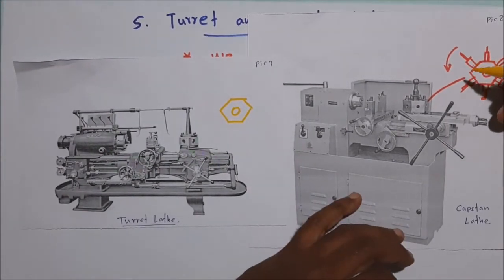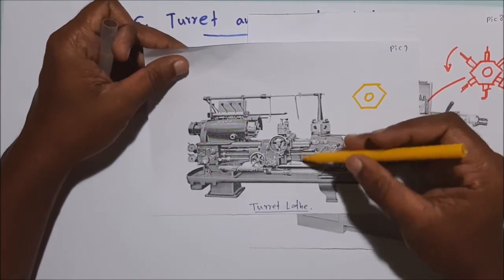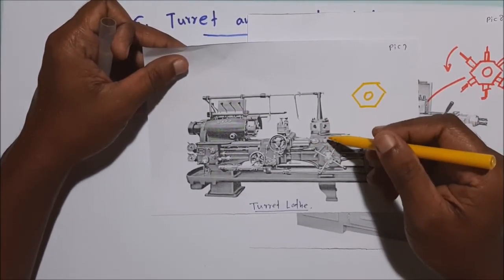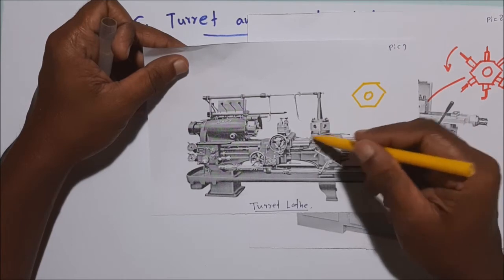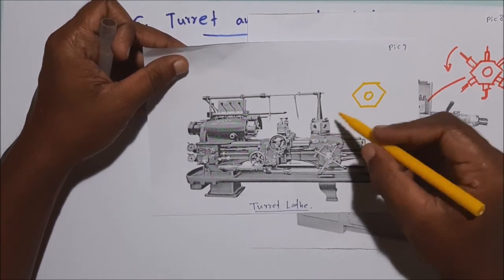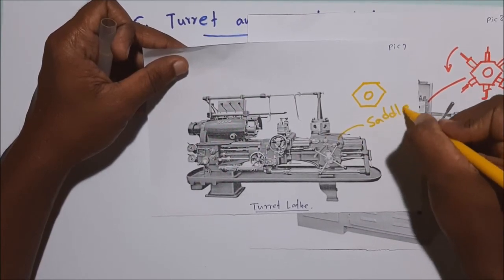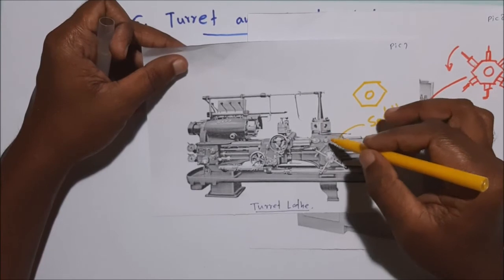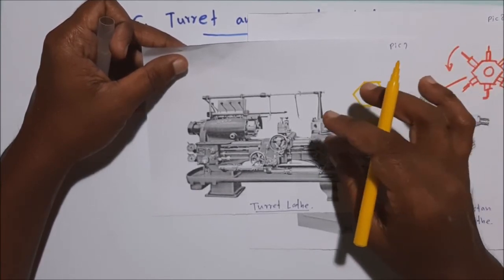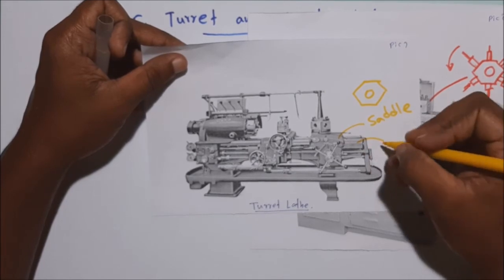The only difference is that in the turret lathe, the turret head is mounted on a saddle. This saddle is mounted directly on the guideways of the lathe bed.